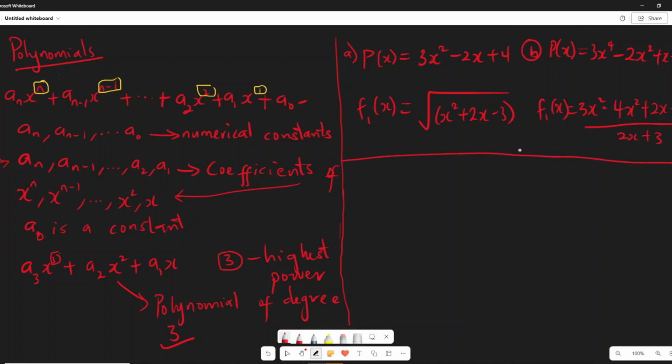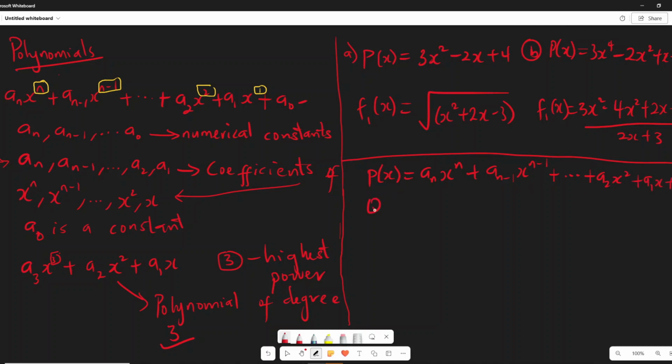Now, I'm going to look at addition and subtraction of polynomials. So let's say we have p of x and it's equal to a subscript n, x to the power of n, plus a subscript n minus 1, x to the power of n minus 1. And then we keep going till, let's say, a subscript 2, x to the power of 2, and then plus a subscript 1, x plus a subscript 0.